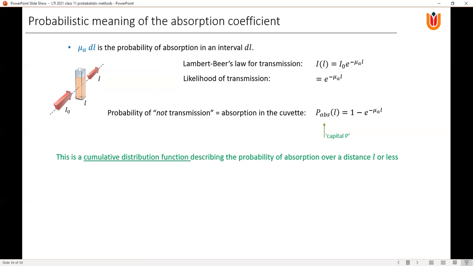And that makes sense. If you have an infinitely long medium, then at some point the photon will be absorbed. If L is 0, then the probability of absorption is 0, because the photon has not entered.